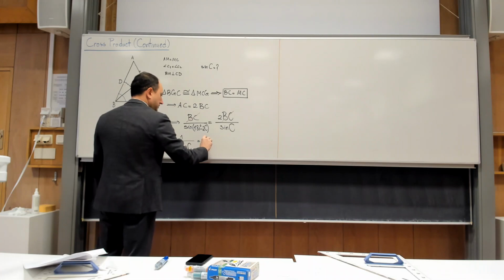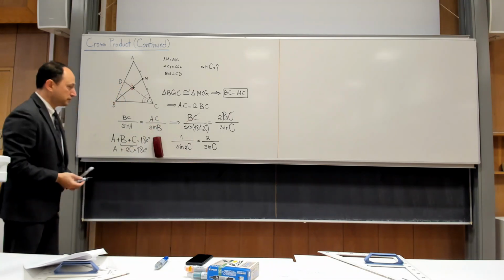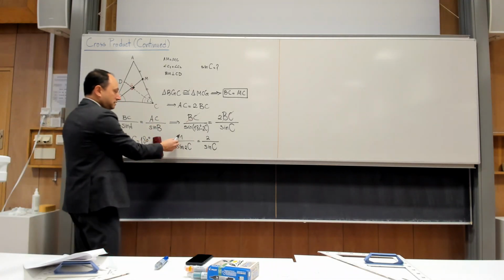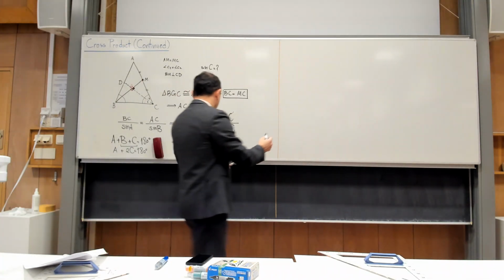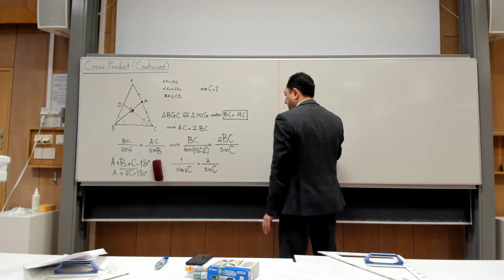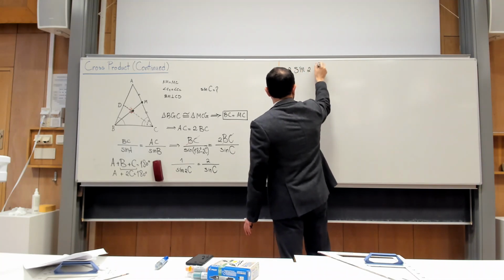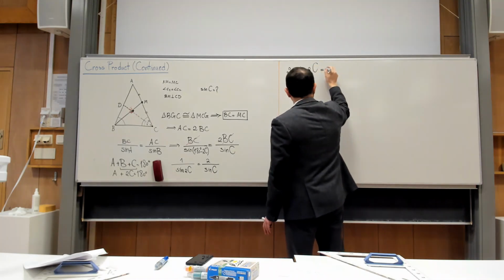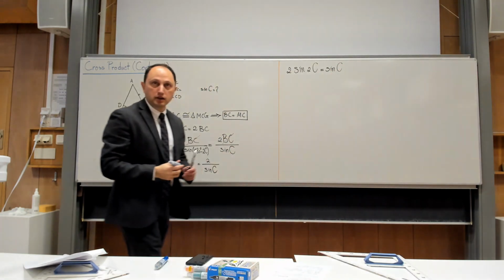Okay, then what? Can you tell me? So at least this is good. I can write that the product of these two is equal to the product of these two. So this becomes 2 sine 2C is equal to sine C. This is a trigonometric equation.